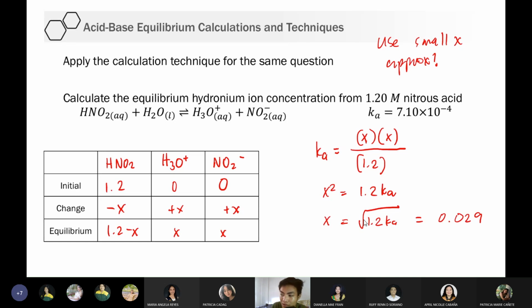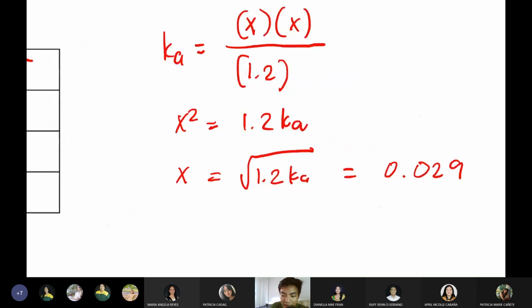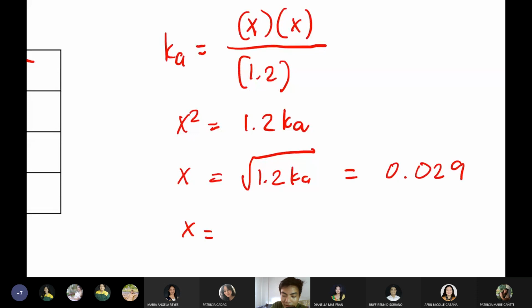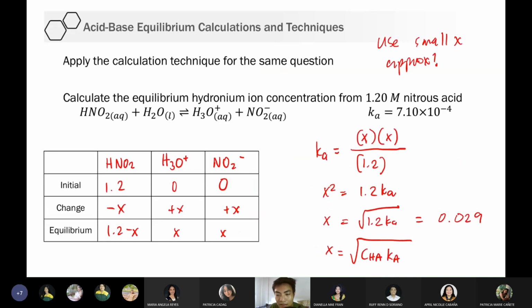You will just get the square root of the concentration of acid times the Ka. Kaya ang tawag namin dito ay square root of tsaka. Okay, so square root of tsaka. Ano ba yung 1.2? Concentration ng acid natin. Ka. Di Ka. Tsaka. Okay? So, yun yung technique namin dito. Okay? So, square root of tsaka.